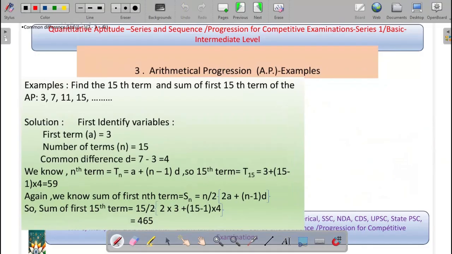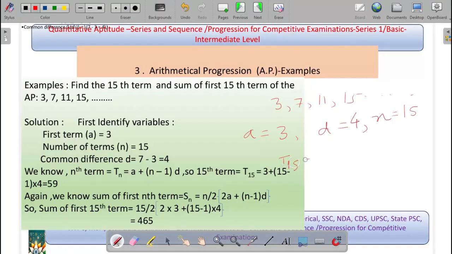Example: find the 15th term and the sum of the first 15 terms of the AP 3, 7, 11, 15. This is another example; one we have already done. So here a is equal to 3. d equal to 7 minus 3 is equal to 4, 11 minus 7 is equal to 4, 15 minus 11 equal to 4. So d, the common difference, is equal to 4. And what is n? n value is 15. It is the nth term they want.